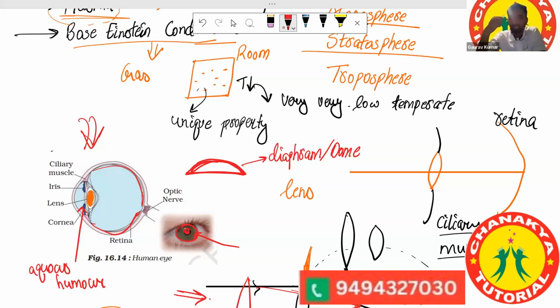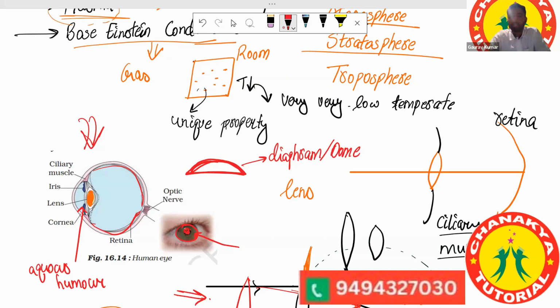All of the light which enters the eye enters through the pupil. The work of the iris is to adjust the size of the pupil. Let's say you are in bright sunlight, the iris will contract and decrease the size of the pupil, so that less intensity of light enters into your eye, because outside it is very bright.